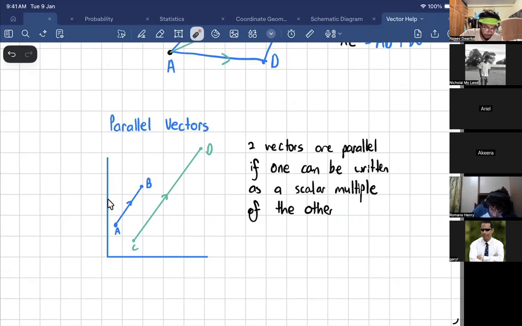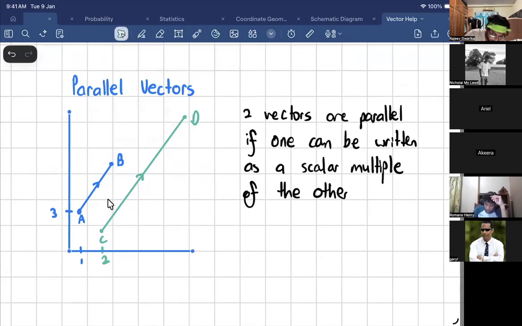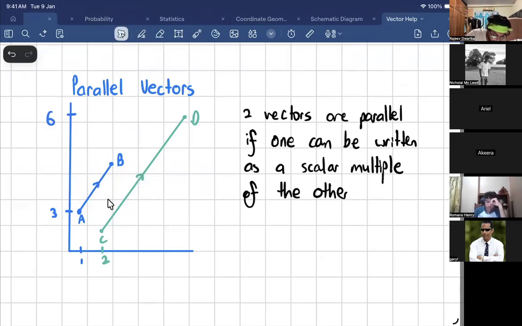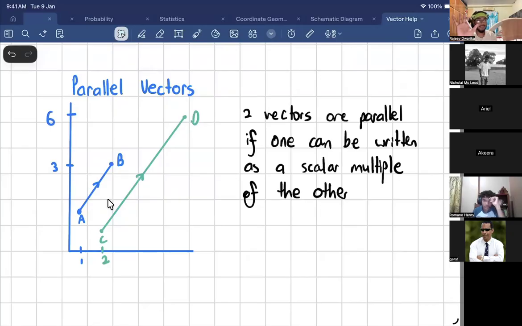So let me look at something. Suppose this was 1 and this was 3. And suppose that this was 2. Let me just make this a bit bigger. And let me just say that this was 6. So here I'm just trying to show you all this logically.